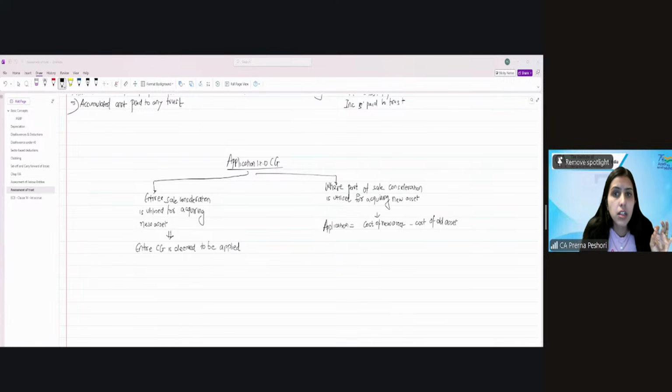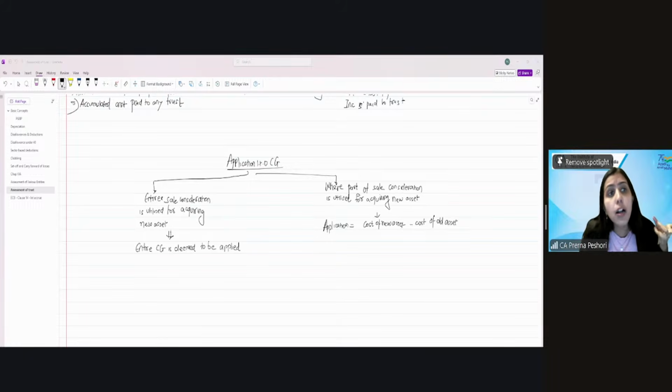So where the transfer of the capital asset is done, there will be capital gain, right? Now, if the entire consideration has been invested, then the entire amount of the capital gain would be deemed to be applied for charitable or religious purposes, right?